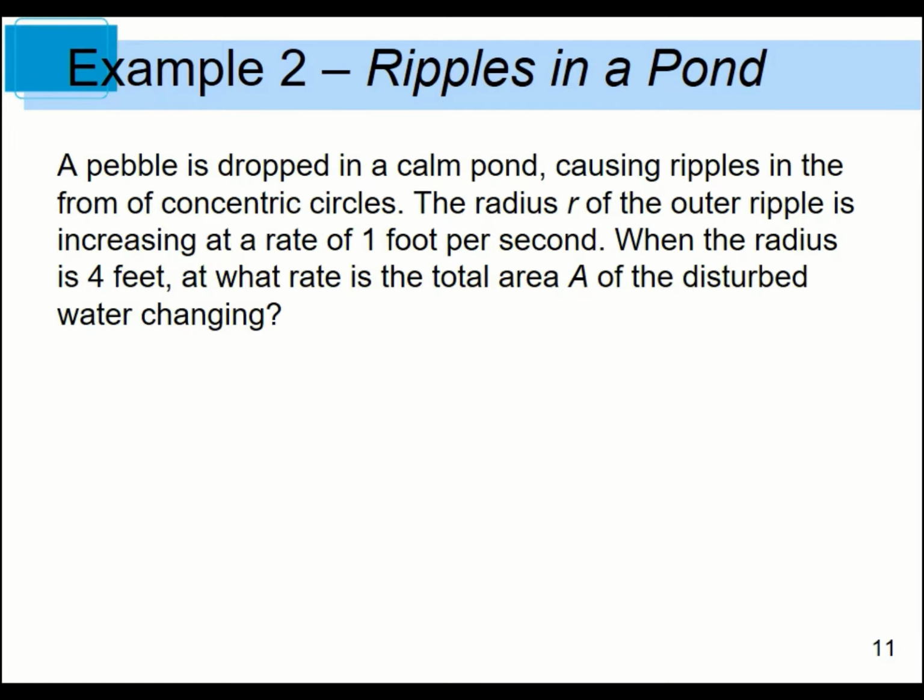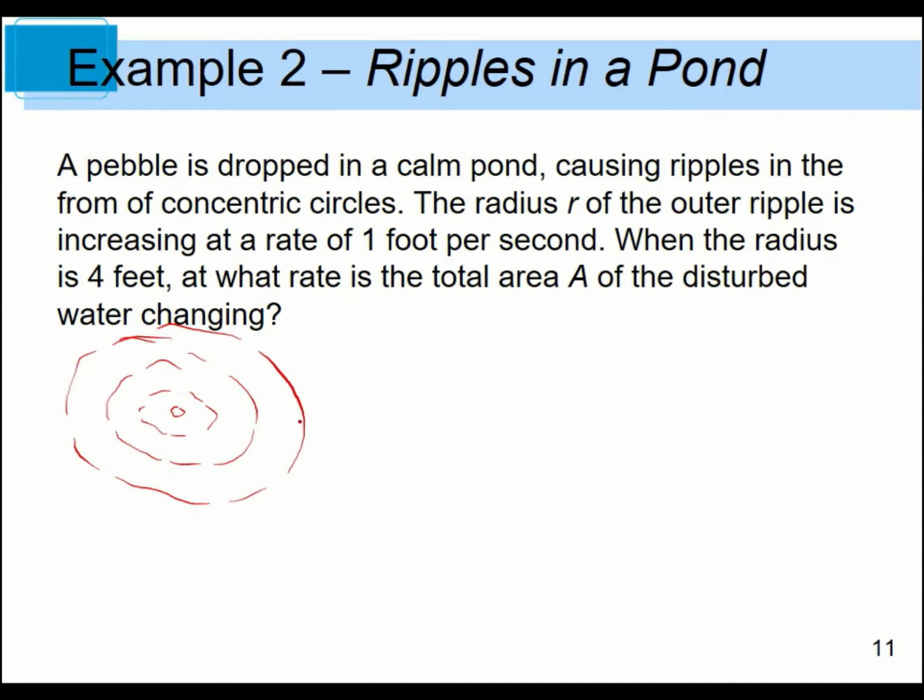A pebble is dropped in a calm pond, causing ripples in the form of concentric circles. The radius r of the outer ripple is increasing at the rate of 1 foot per second. So you can imagine, these are the ripples, and the ripples always go in circles.